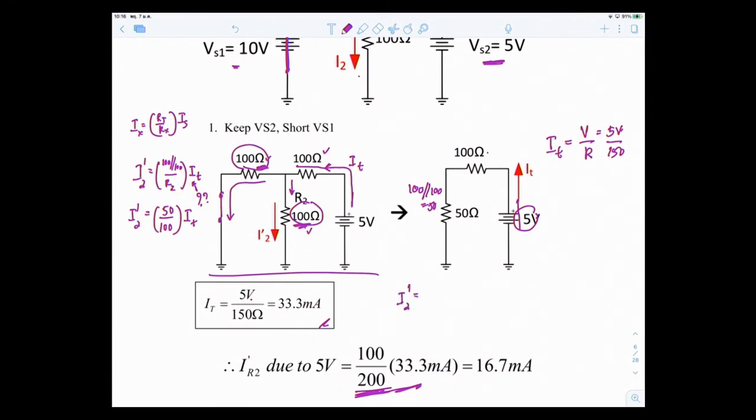I2 prime would be equal to 100 times 100 over 100 plus 100, which is your R total over R2, which is 100, times 33.3 milliamps. So the 100 cancels, and you get 100 over 200 times 33.3 milliamps. Okay, so this is the answer that's due to the 5 volt only.